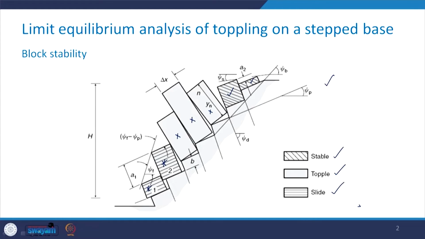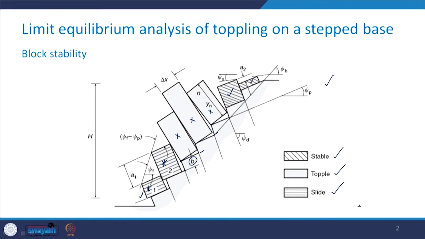It was assumed that the moment the block at the toe slides, the slope is considered to be unstable. This distance, which has been shown here by B, is constant for all the blocks. These were the assumptions involved.